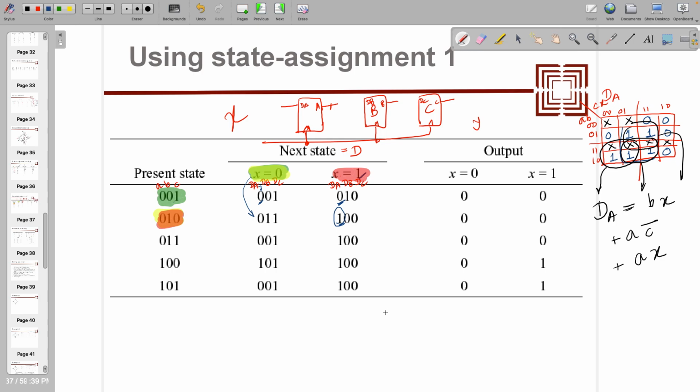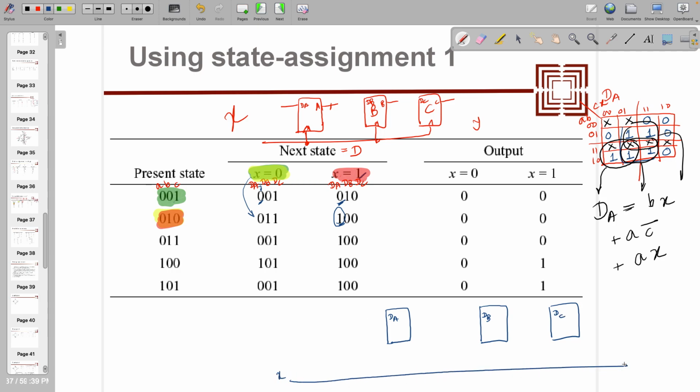So we need to make the circuit. It will have 3 flip-flops. I can call them DA, DB, DC, and X is the input available to me, right? And these are the outputs.